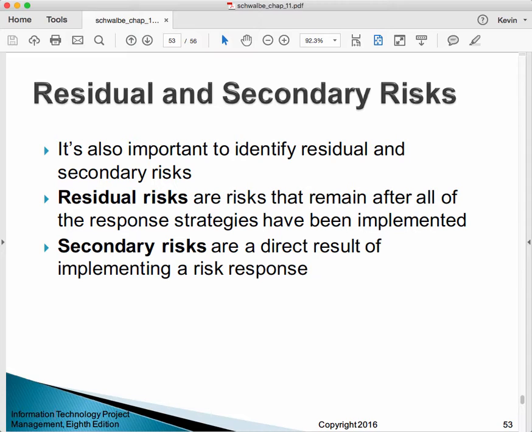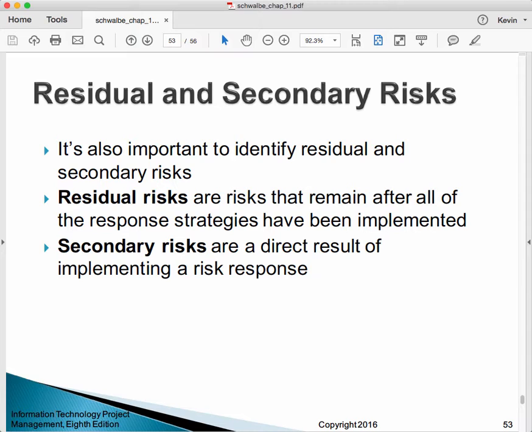Secondary risks are really important things to do. It's important to understand their nature. They're a direct result of implementing a risk response.